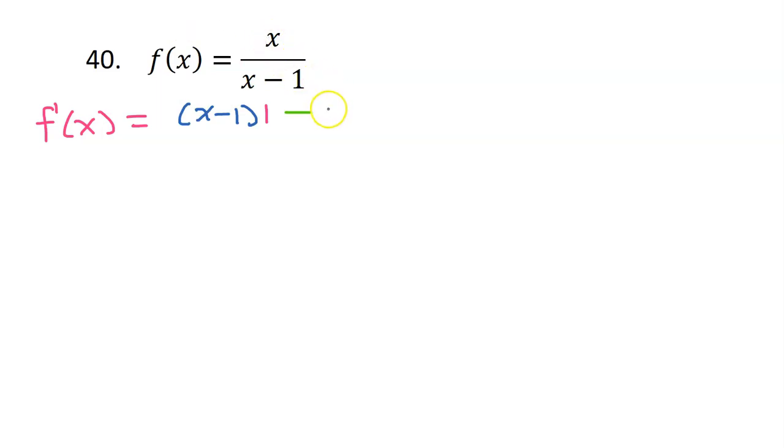So high is x, and then d low, the derivative of x minus 1 is just 1. So this is low d high less high d low. Draw the line and down below, the bottom squared will go. So this is the first derivative.